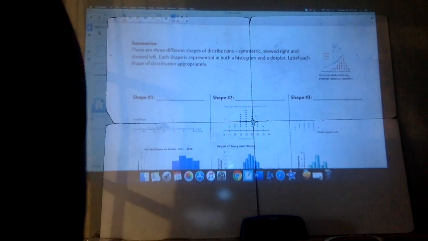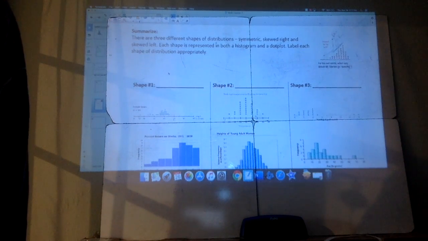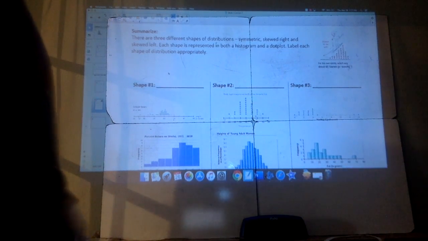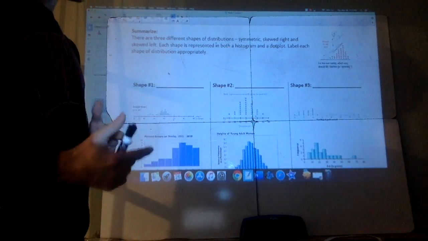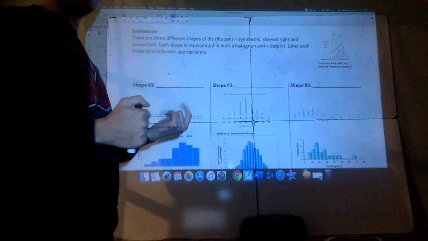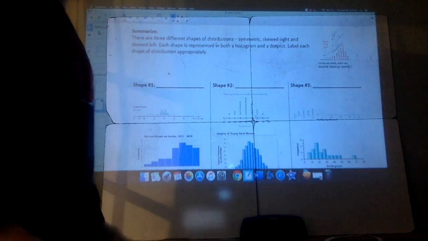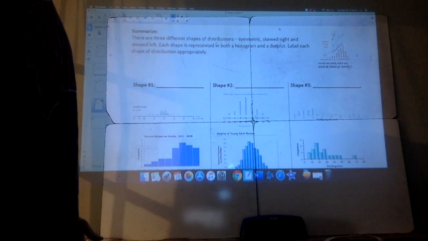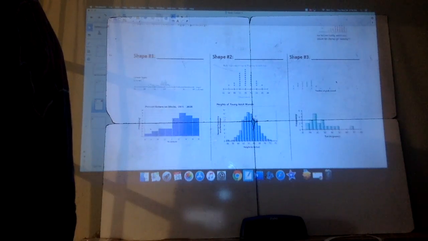And we are going to start describing some shapes. There are 3 different shapes of distribution: symmetric, skewed right, and skewed left. Each shape is represented in both a histogram and a dot plot. So we're going to label each of these. Now, if you can see up there, it's someone skiing.